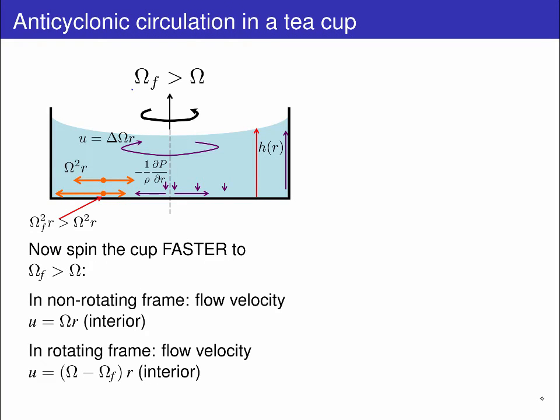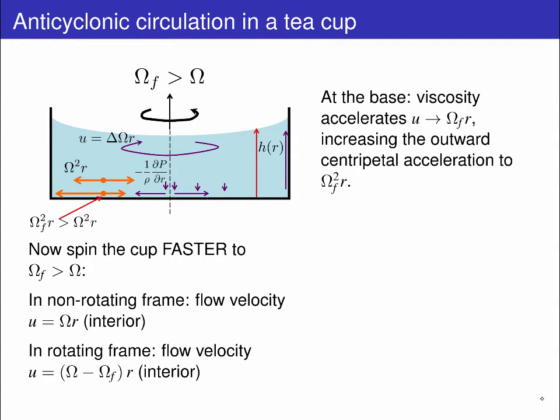If we consider the opposite perturbation, that the cup of water at solid body rotation omega is accelerated to omega f, then the centripetal and pressure forces in the interior are still balanced, but at the base the water is accelerated to omega f r, increasing the outward centripetal force to omega f squared r.